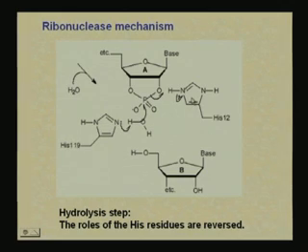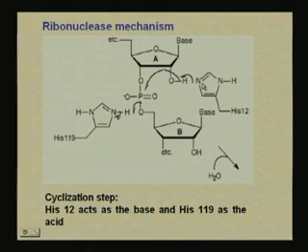In the previous step, let us go back one slide. In the previous step, this histidine 12 acted as the base. It abstracted the H from the 2' OH. Now, after it abstracts the H, there is a cyclic phosphate formed, and this cyclic phosphate results in the cleavage of the phosphodiester bond here, releasing the rest of the RNA molecule.